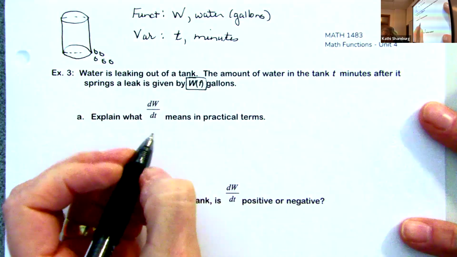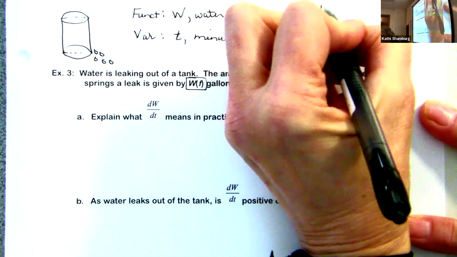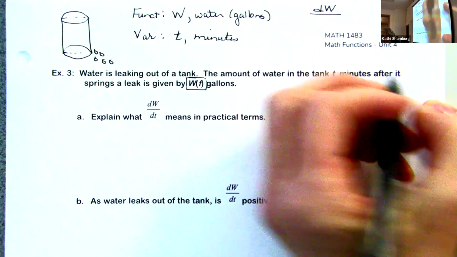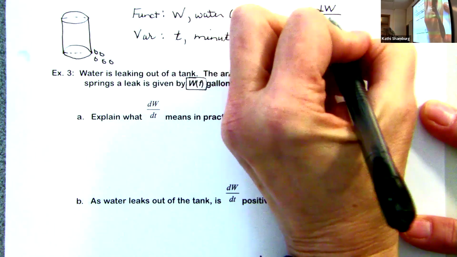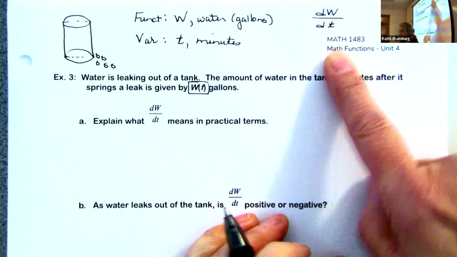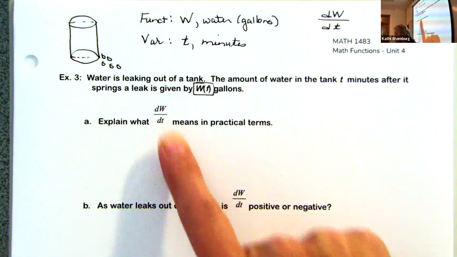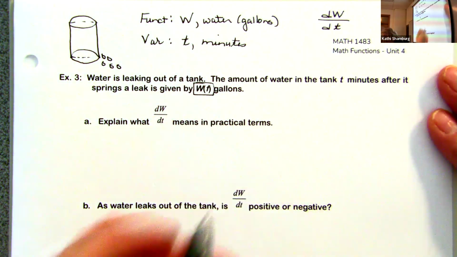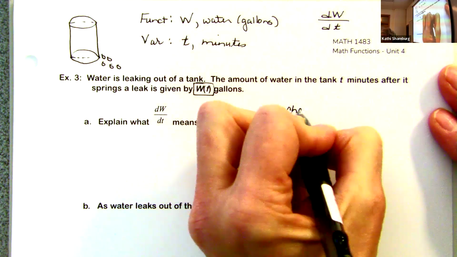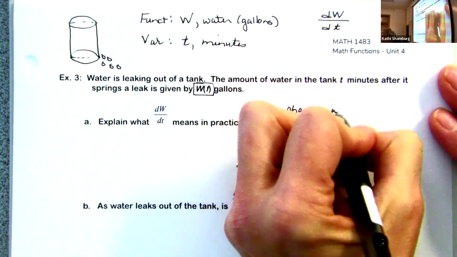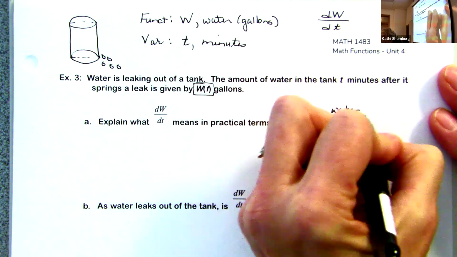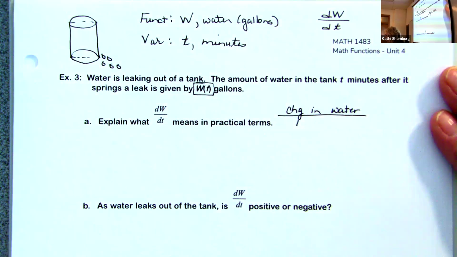All right, so we're going to be talking about the change in the water per 1 minute. That's what this represents, which is what it's going to ask me to write right here, and I just said it, right? So we know dW means the change in water per, in this case, 1 what?